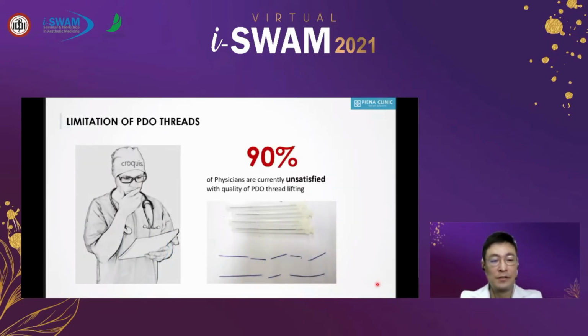According to a recent study, 90% of physicians are unhappy with the quality of the PDO thread used for thread lifting. This is due to early breakage of the thread after the procedure, resulting in a rapid relapse, or breaking easily in the process of storing the thread.